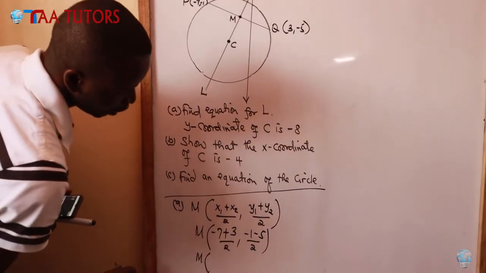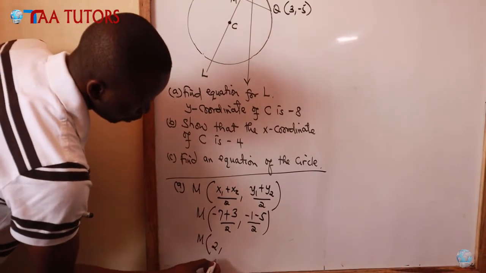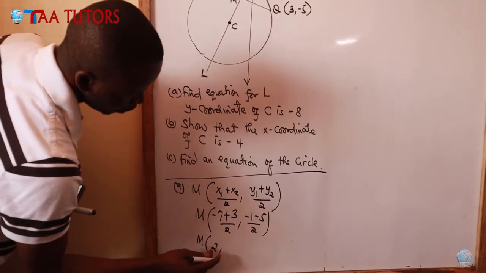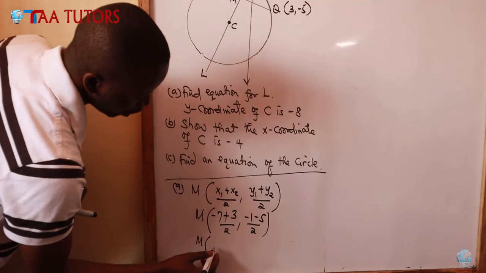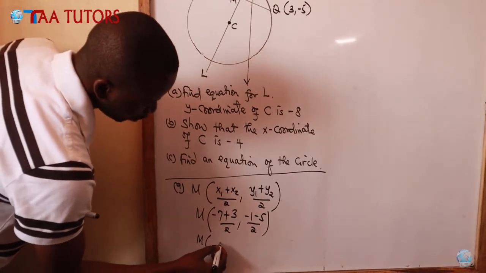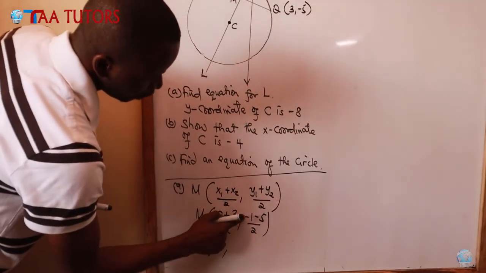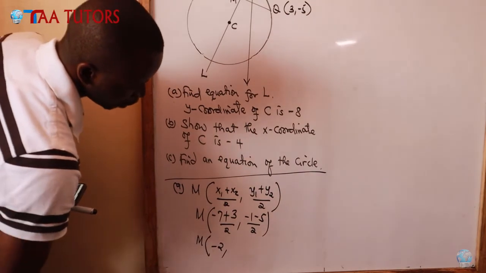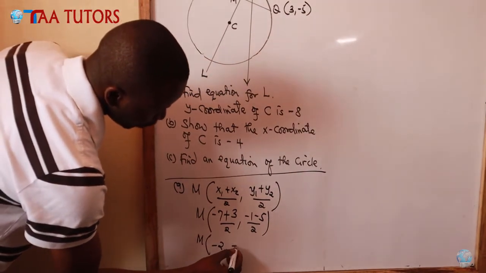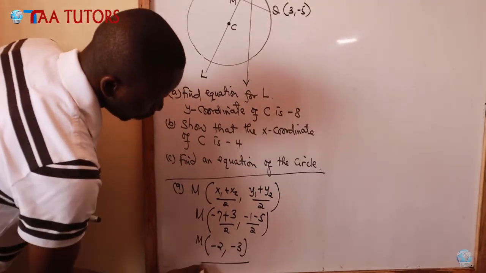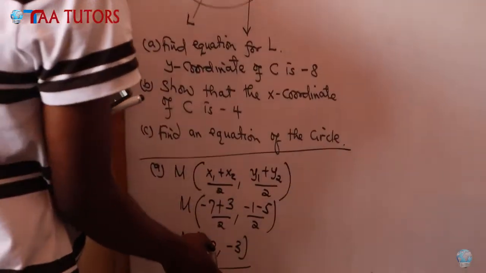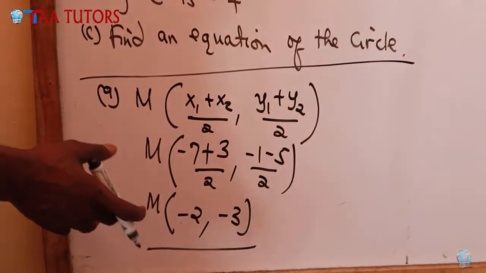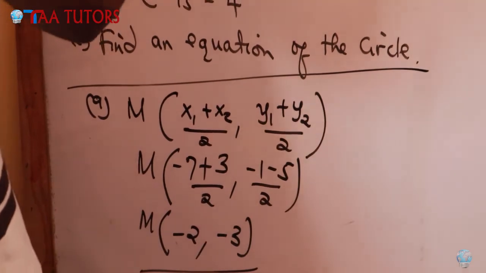Negative 7 plus 3 is negative 4, over 2 is negative 2. Negative 1 plus negative 5 is negative 6, over 2 is negative 3. So this is the coordinate of the point M.